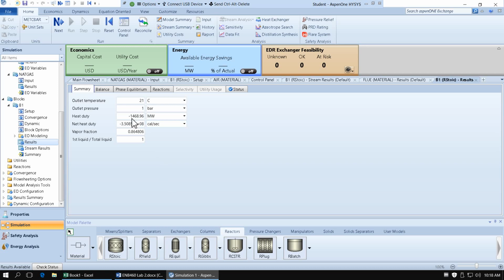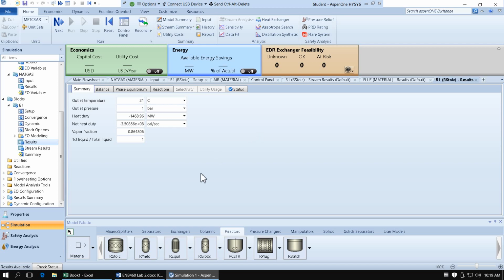And we get minus 1,468.96 megawatts. So it's almost 1.5 gigawatts of heat generated. Okay, and it's negative because it's saying that this heat needs to be removed from the reactor. So that's why it's negative.